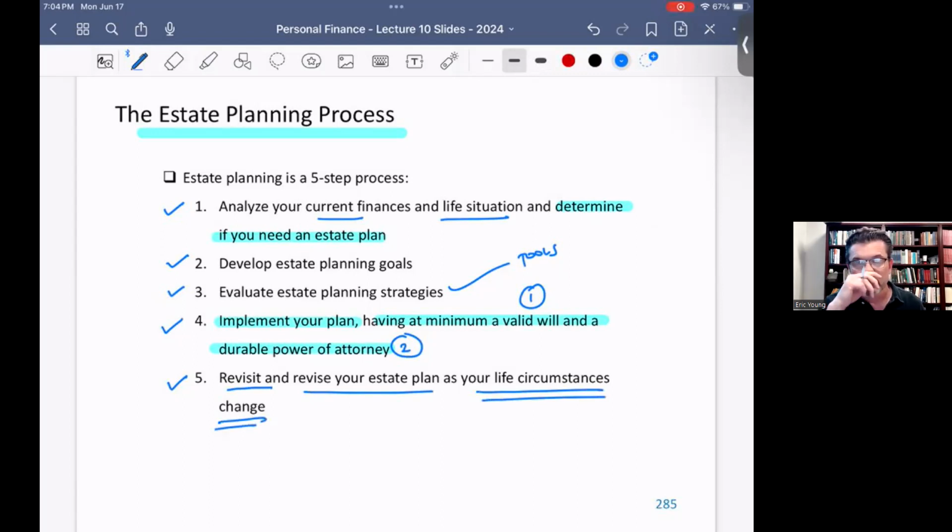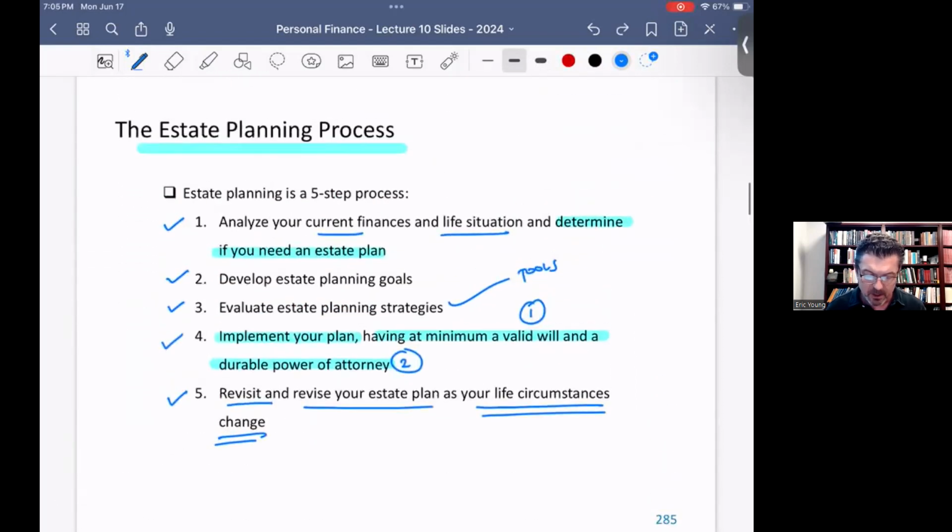You move, you buy or sell a home, you get married, you have children, you have grandchildren. Any of these major life events, these milestones in life, should be little mental triggers that say, I just had a major change. I better go back and look at my estate plan, because if my life circumstances change, then I probably have to change my estate plan to reflect that.